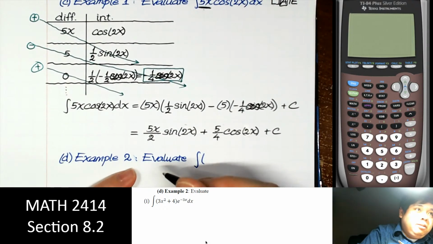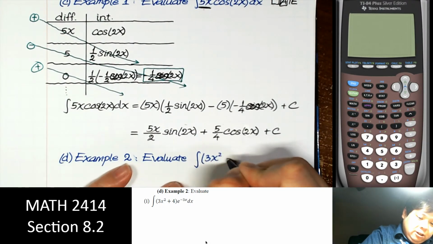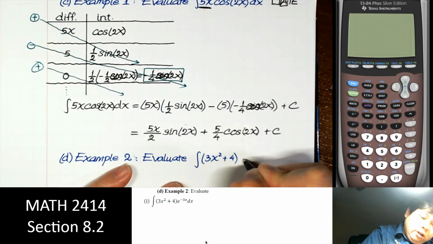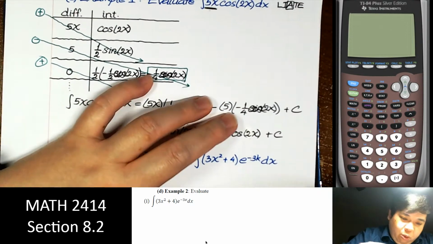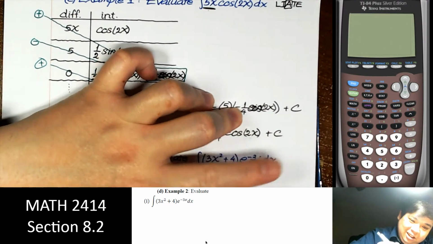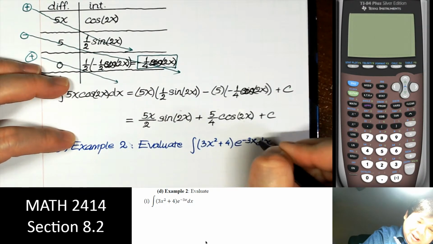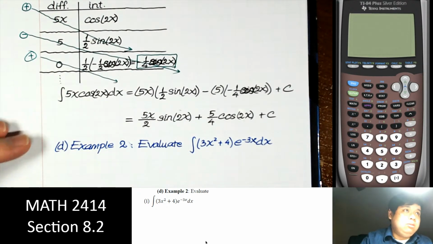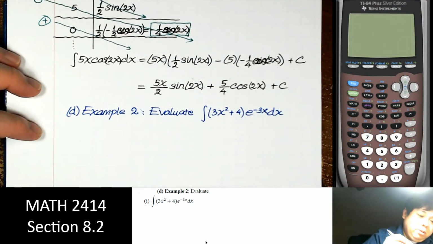Right. Evaluate this integral, 2x squared plus 4 e to the negative 3x dx. Why for some reason did I write k? Right. So make a table.